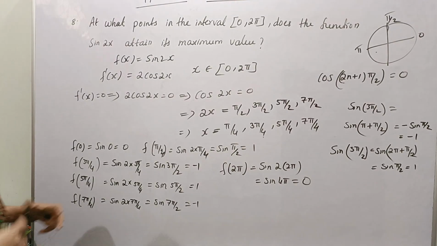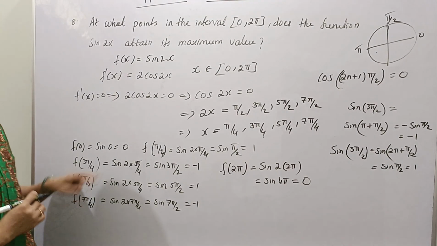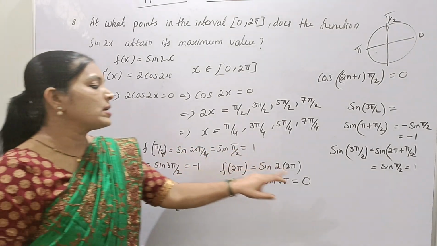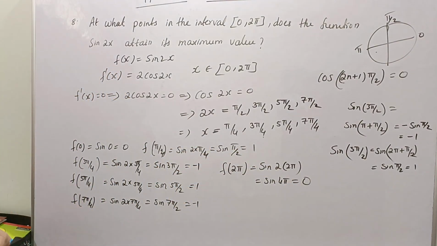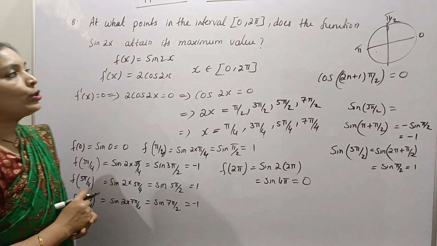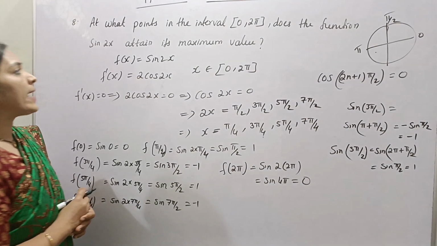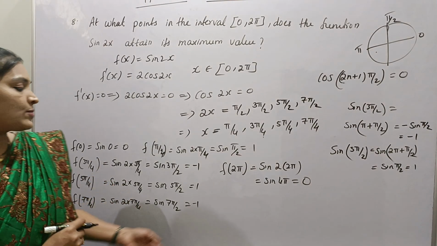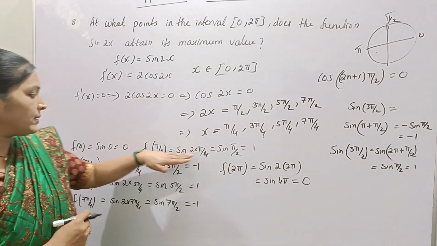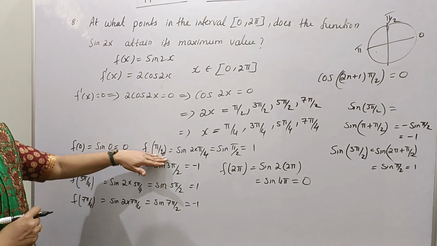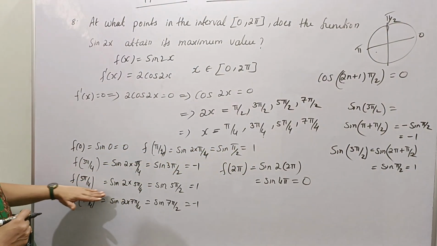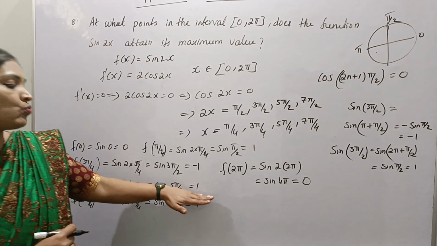So what are the values of the function we have got? 0, 1, minus 1, 1, minus 1, 0. Here we have to find at what points in the interval 0 to 2 pi the function sin 2x attains its maximum value. What is the maximum value here? 1. So f of pi by 4 is 1 and f of 5 pi by 4 is 1.